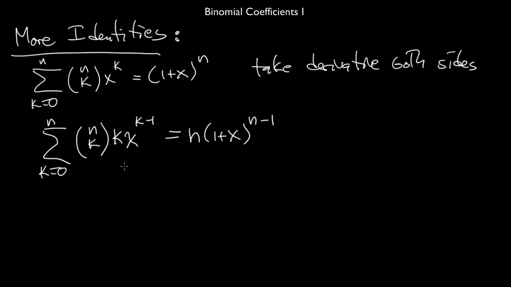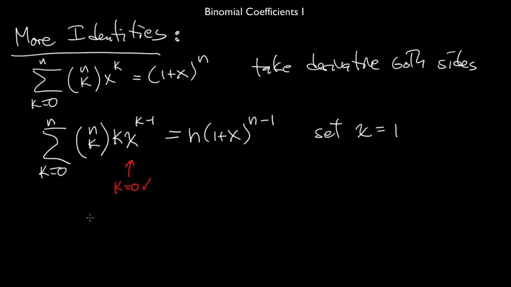Now, whenever you do something like this, you have to be a little bit careful about the endpoints. If k is equal to 0, you're getting x to the minus 1 here. And that might look like trouble, except that the coefficient in front of it is 0. So you're getting 0 times x to the minus 1, which is 0, and it's fine. This is exactly correct.